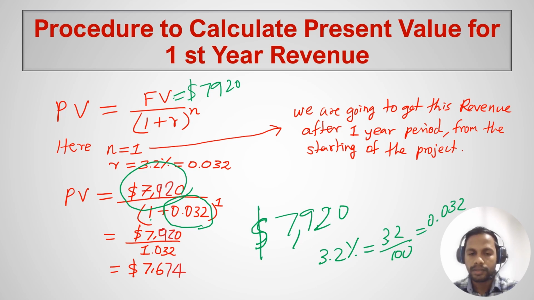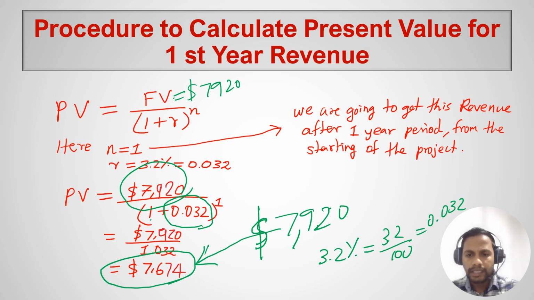So that becomes $7,674. This is logically acceptable, and you have to understand this. The $7,900 value becomes $7,600, a difference of about $200 to $300. So it is acceptable. You're giving about $200 to $300 as interest for the future value.